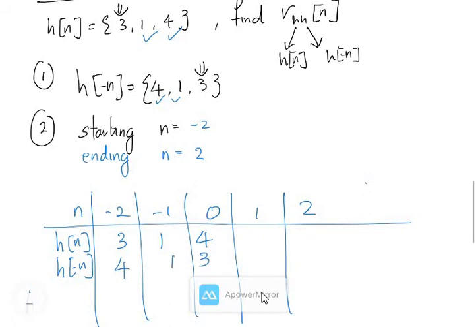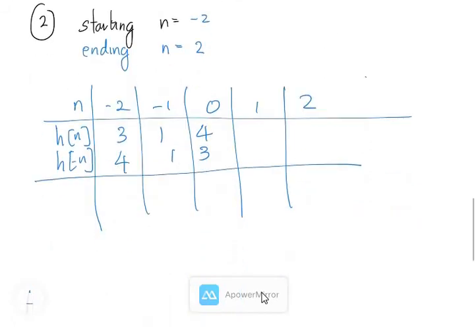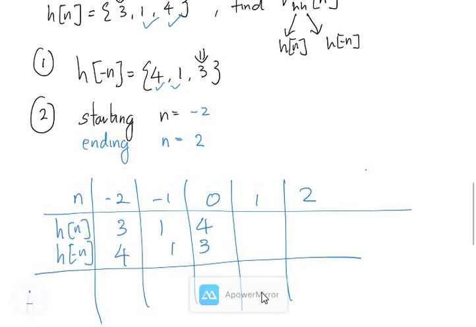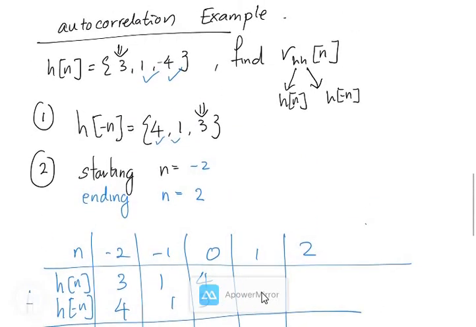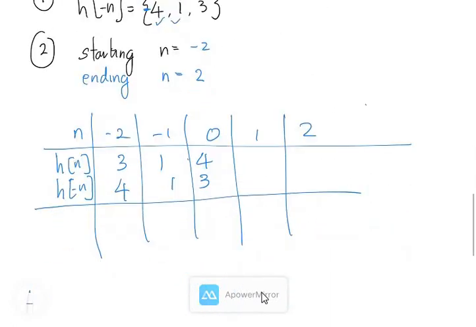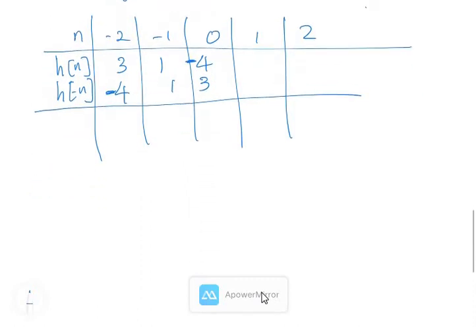Again, you use the sum by column method. I think I missed out. This one is actually negative. Okay, so this is negative and this is negative. So I have negative 12, negative 4, and 16. And this one is 3, 1, negative 4.